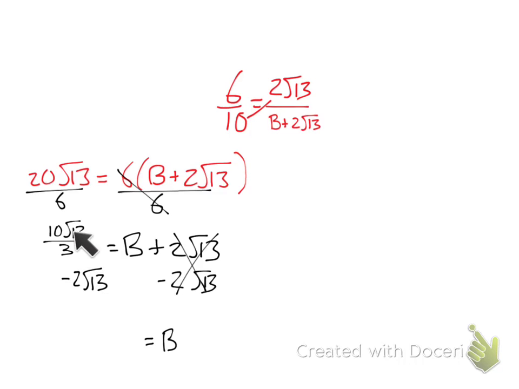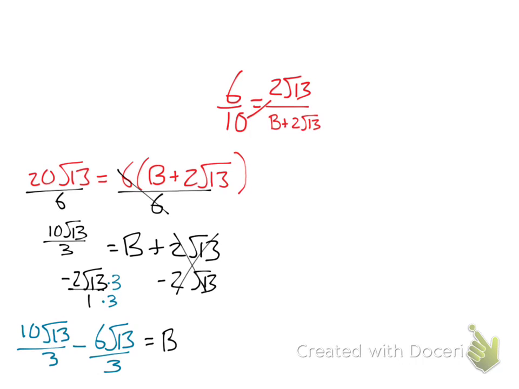That's easily accomplished by multiplying this one, which is really over 1, by 3 over 3. You do it to the top, you have to do it to the bottom, and vice versa. So let's just kind of rewrite so that we don't lose anything. Minus 6 square root of 13 over 3.